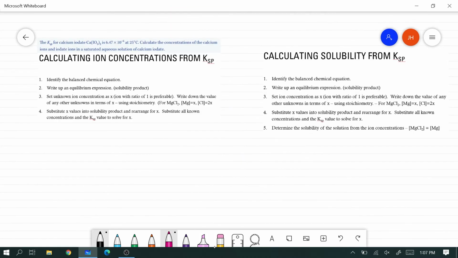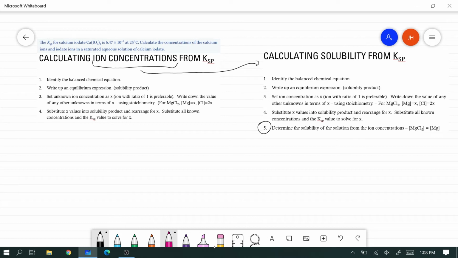Now, in this second question, we're going to be calculating ion concentration from Ksp given in the question. And I'm going to take that one step further and use those ionic concentrations to then also calculate solubility, which essentially means adding on step 5 at the end. So the question doesn't ask for the solubility, but I'm going to add that on to the expectations of the question anyway.